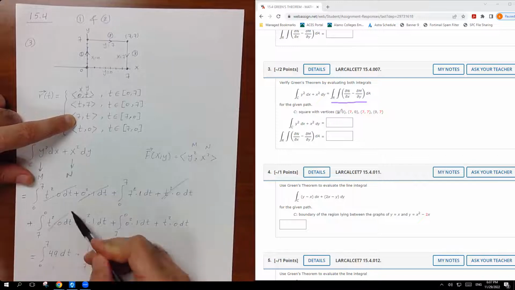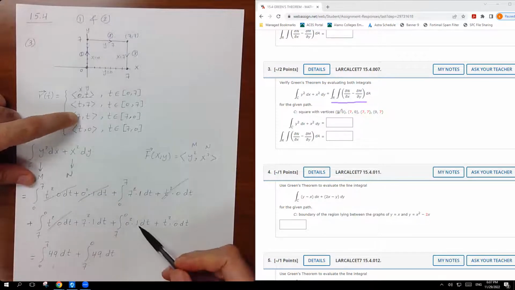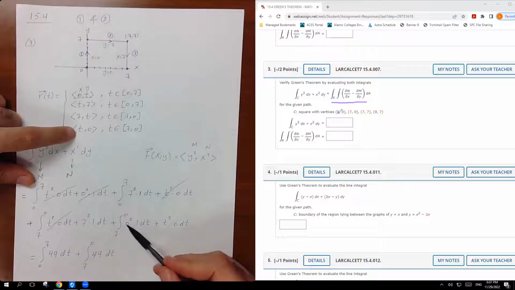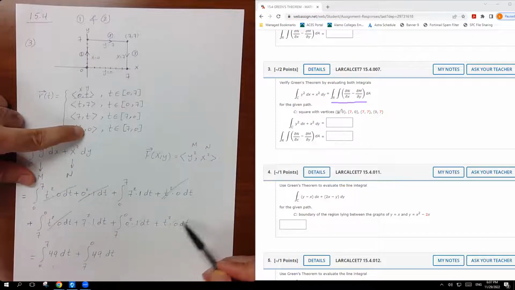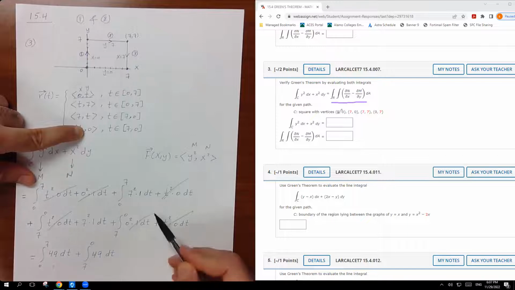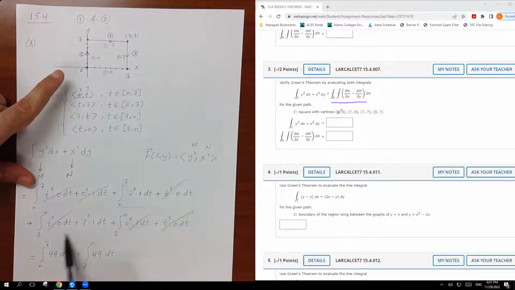This is also 0. Now the last path: y squared is going to be 0 squared times 1 dt, and x squared, which is t squared, times dy, which is 0, the derivative of 0, dt. So this is 0. Then left only this one and this one.